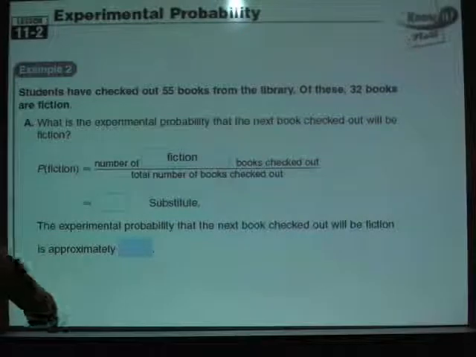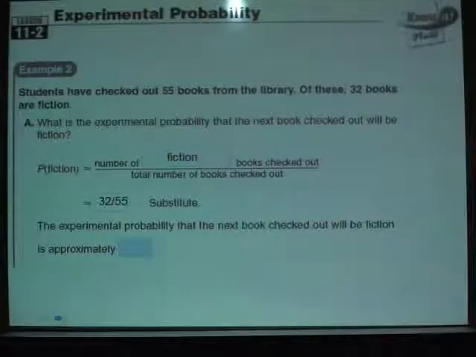The question says there are 32 fiction books checked out and 55 total books being checked out. So the probability of a fiction book being checked out, based on that scenario, is 32 out of 55. So the probability that the next book checked out will be fiction is 32 out of 55.